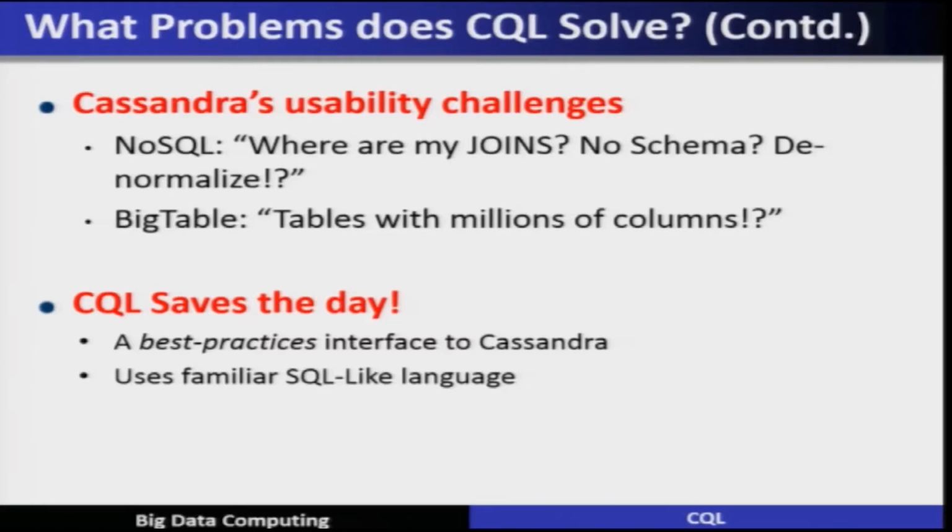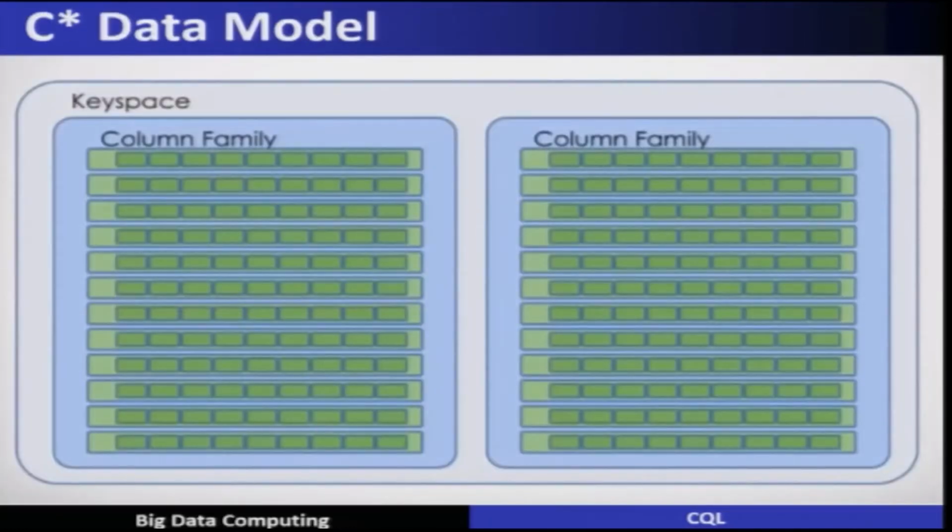So, big table, and here tables with millions of columns exist in Cassandra. Now, CQL saves the day, that is, the best practices which are interfaced to Cassandra, and also Cassandra uses an SQL-like language. Given all this, let us see more detail of the Cassandra data model.